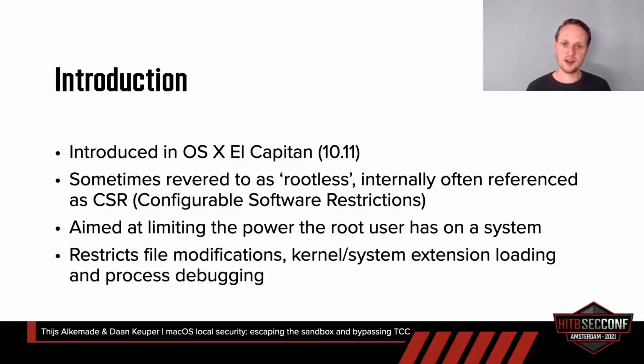So System Integrity Protection is aimed at limiting the power the root user has. It restricts file modifications. It restricts the loading of kernel and system extensions. It restricts things like process debugging, so you cannot attach a debugger to many system processes.